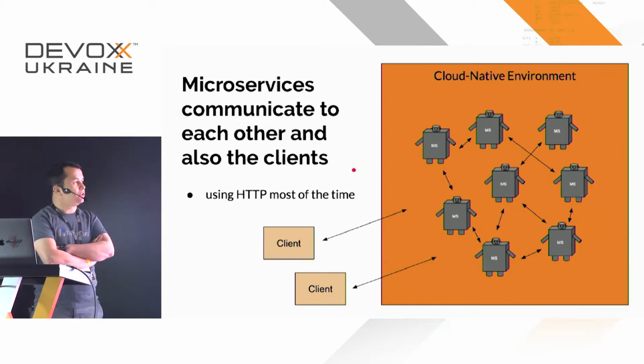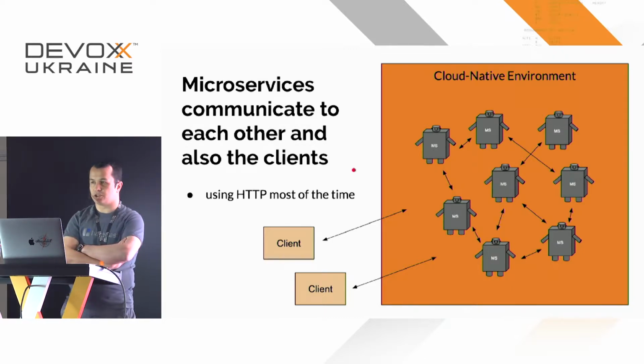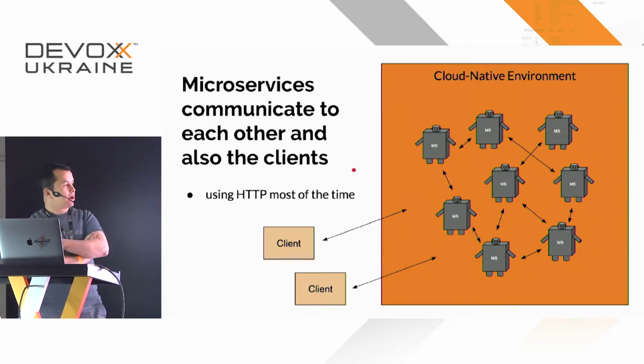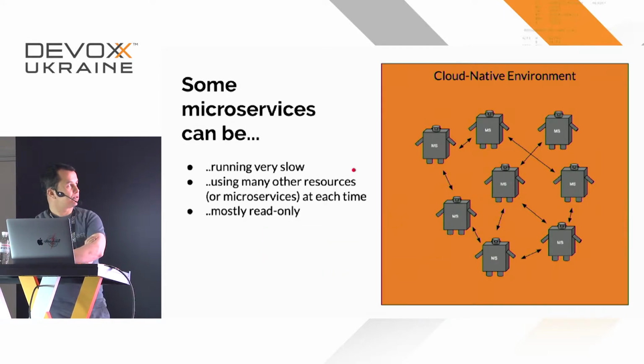They can communicate with each other to share information, and most of the time they use HTTP as the protocol because they are mostly using REST APIs. Sometimes they can use other protocols also.